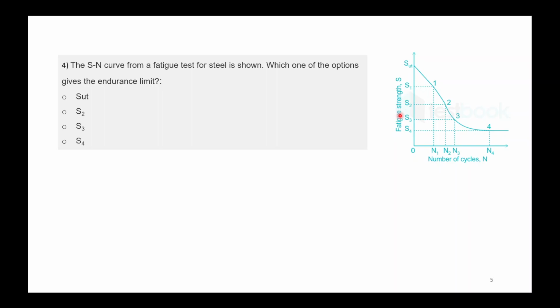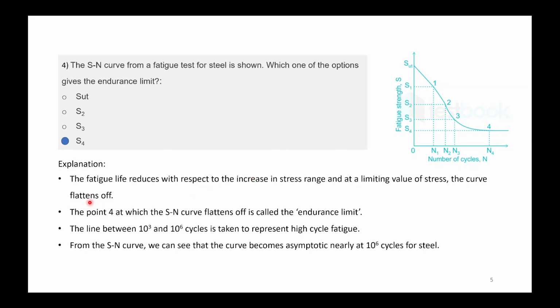So now as we see here, S1, S2, S3 and S4. S4 corresponds to N4 number of cycles. Now in case of ferrous materials, this horizontal line depicts your fatigue limit. The stress corresponding to this horizontal line is your endurance limit. So this is S4. S4 will be your answer.